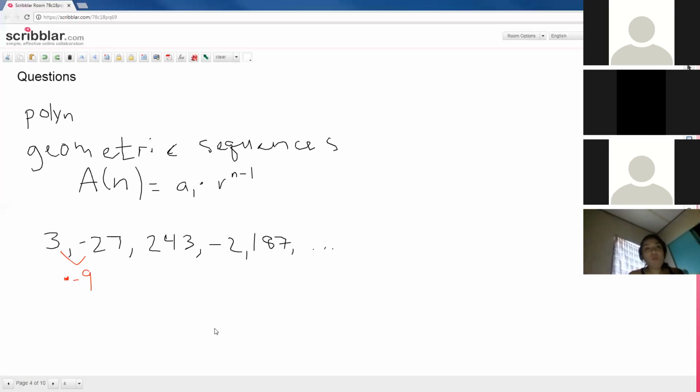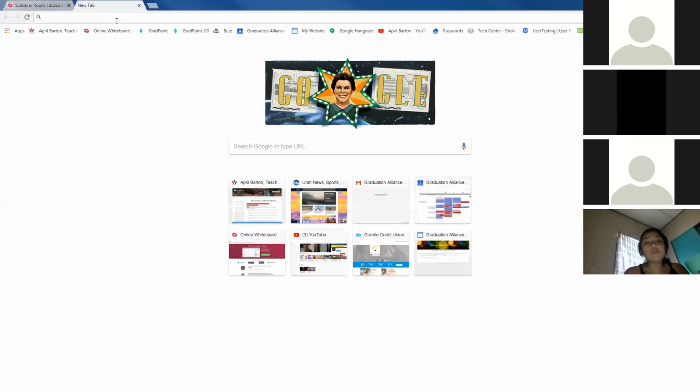So once you know that common ratio, then you can multiply the last term by that common ratio, and that gets you the next term. So if the question is find the next term, we would take negative 2,187 and times it by 9. And that's super big. Let me just pull up a calculator so you can see.